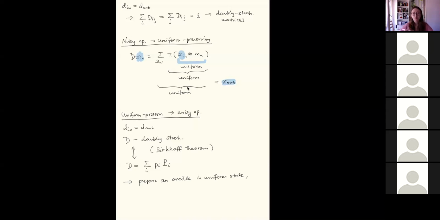But we also keep in mind that we prepare it large such that we can partition its sample space into subsets of relative sizes p_i, which correspond to the probabilities p_i here. So, for example, if the ancilla is of dimension d, then the dimension of the first subset would be p_1 d, the dimension of the second would be p_2 d, and so on.